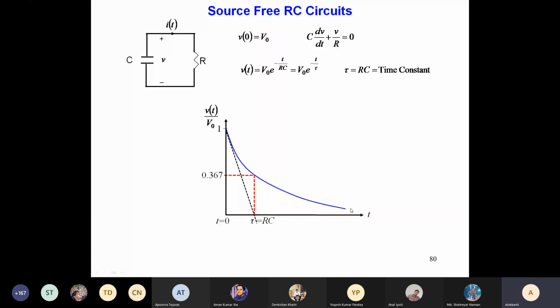At every point you can draw a tangent. You are all experts in drawing tangents, you did it in school. But what we are concerned with is the tangent at t equal to 0, that is, at what rate it is reducing at t equal to 0, and if that rate is followed, when will it become 0. Is it clear?